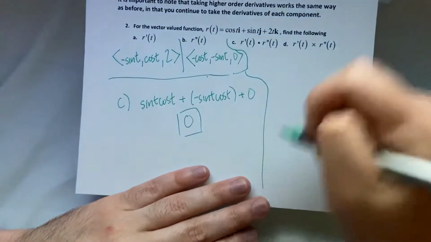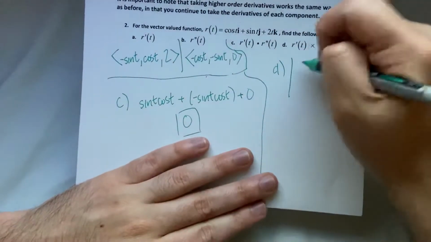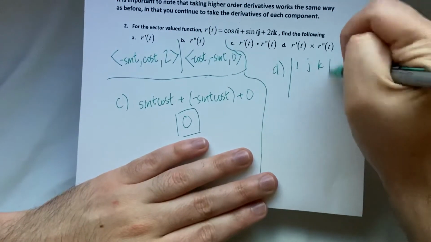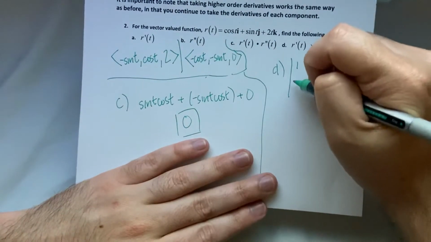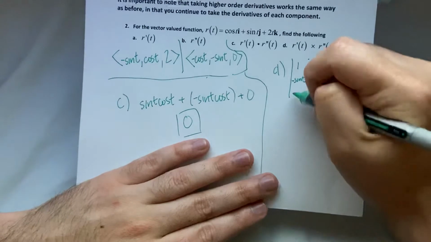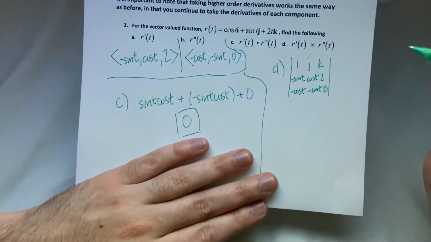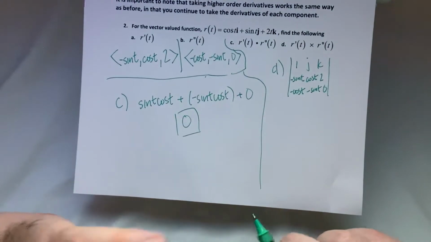And lastly, part D says the cross product. So we do i, j, k. We've got negative sine of t, cosine of t, 2, and negative cosine t, negative sine t, 0. Do your multiplication.